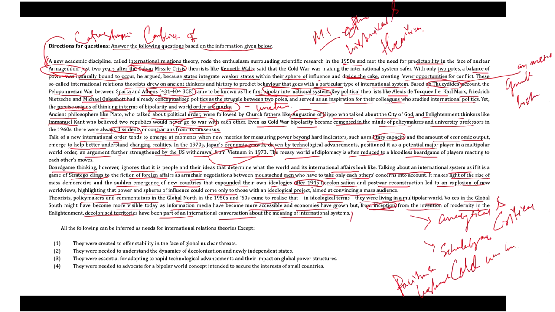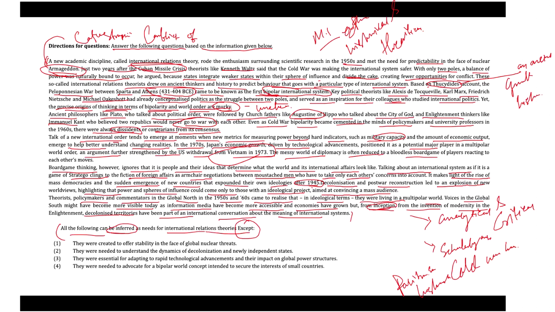So, what does the question point out here? The question stated that all the following can be inferred as needs for international relations theory, except. So this is an inference-based question, and it asks which of the statements cannot be inferred.